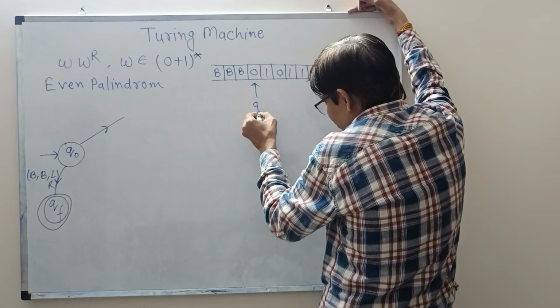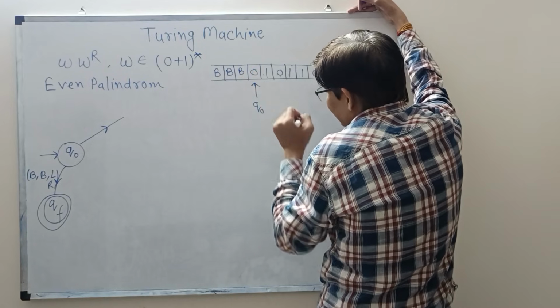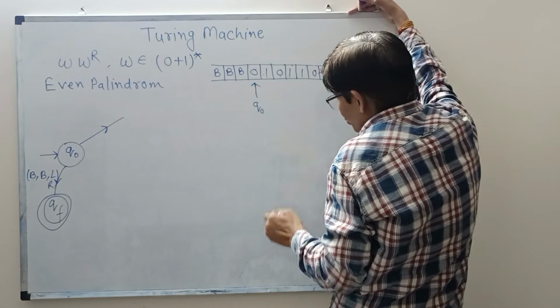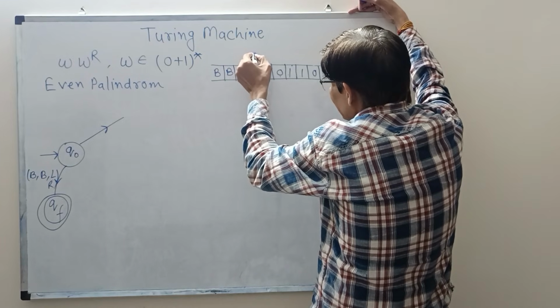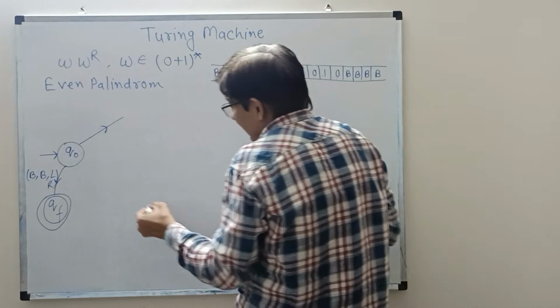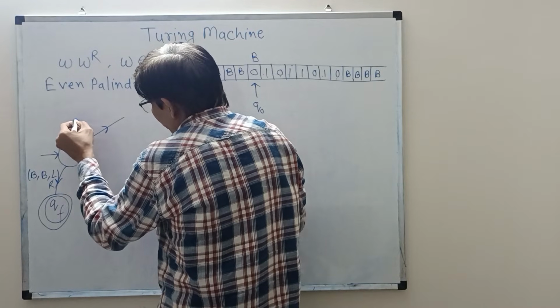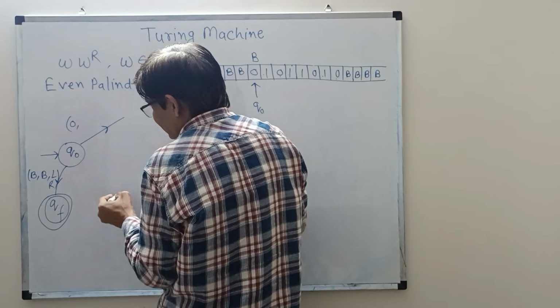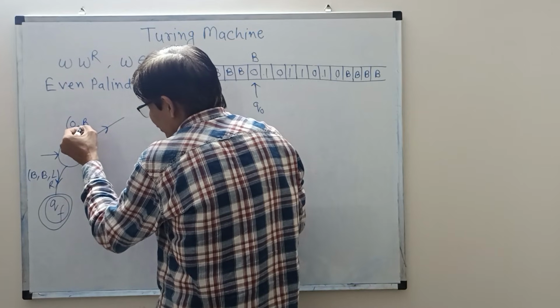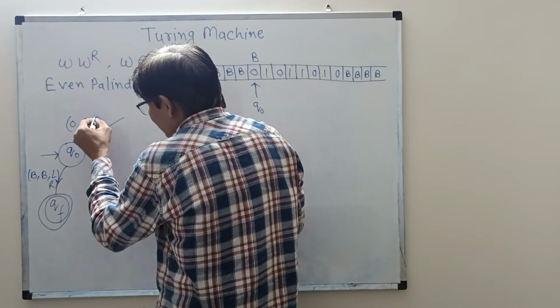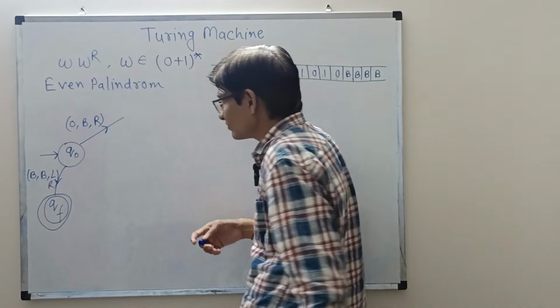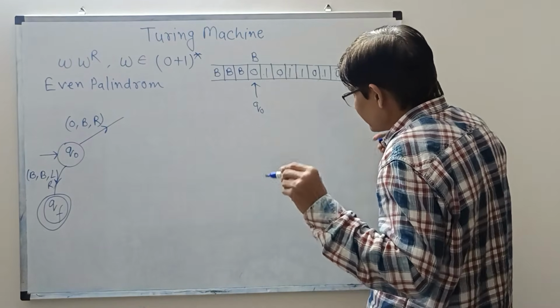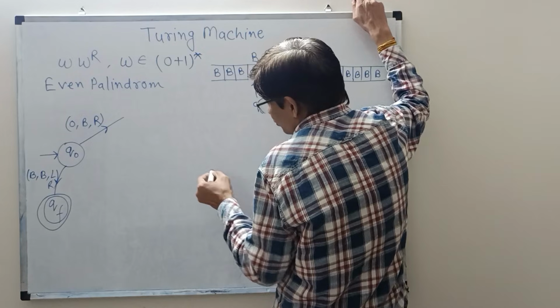You are in Q0 and you get the first symbol, so you convert it into blank. First I get 0 on Q0, so I will convert it into blank and start moving towards the right direction. We will also change our state to Q1.